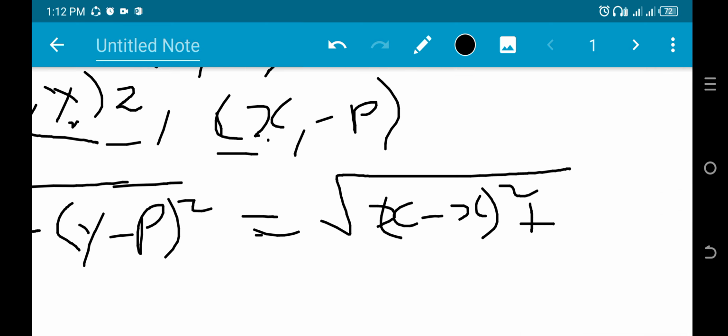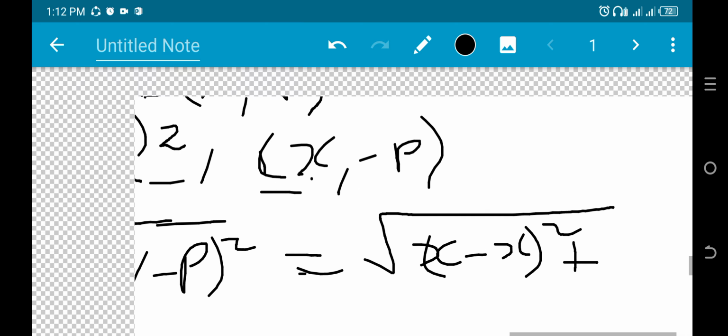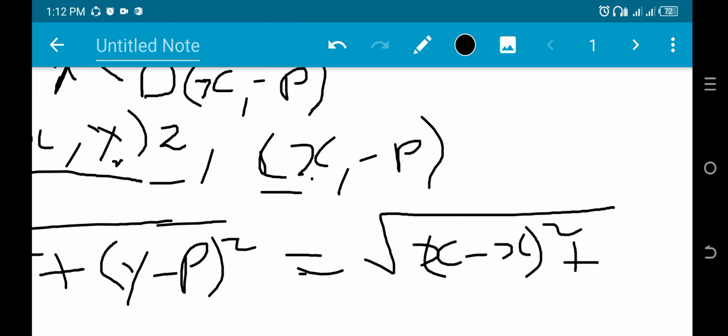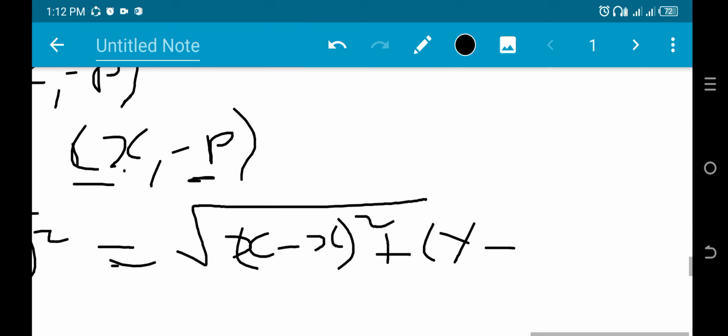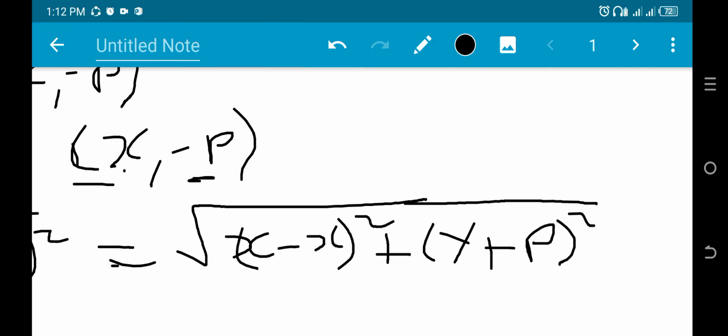For our distance formula, in between it's supposed to be a positive. So now we have our y2 as y, so we have y minus negative p. Since it will be minus minus, we are going to have a positive. So here we have plus p squared over the square root.